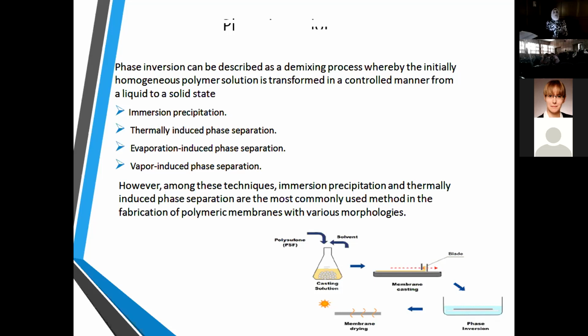The fourth technique is vapor induced, in which the cast film is placed in a vapor phase containing a non-solvent. The most common technique for making a substrate is immersion precipitation.